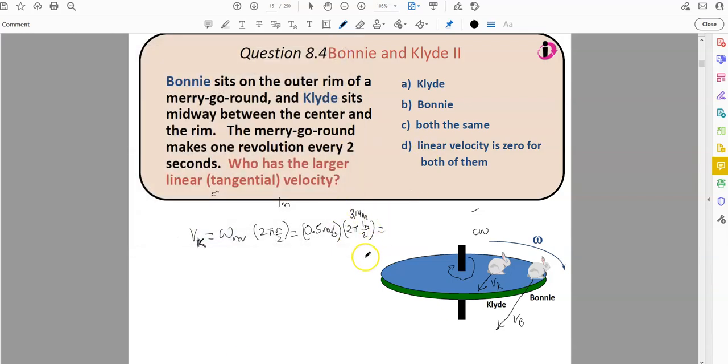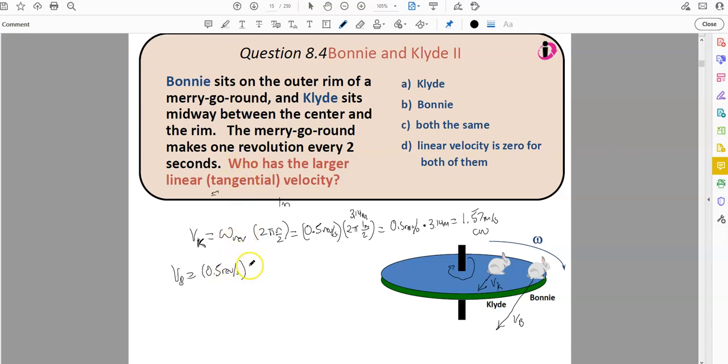Okay, so basically this is going to be a half revolution per second times 3.14 meters, which is 1.57 meters per second. And so that is Clyde's velocity. Bonnie's velocity is going to be a little bit different. She's moving at the same angular velocity, a half revolution per second, or one full revolution every 2 seconds.